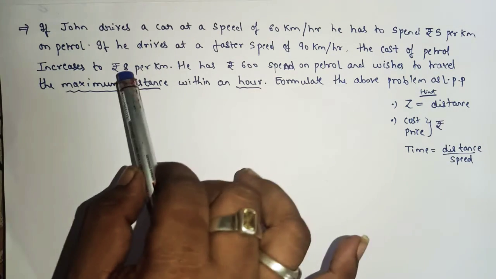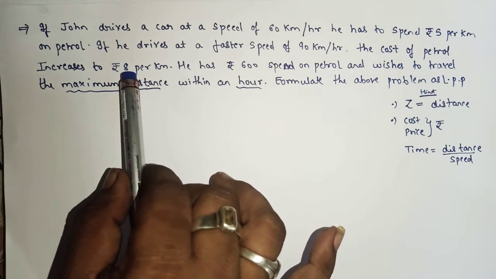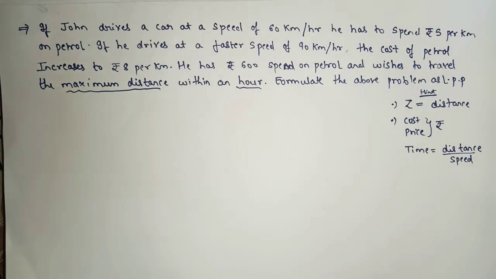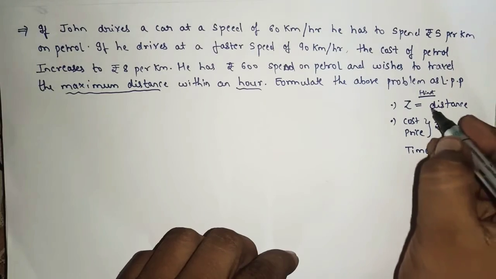Here we have the total rupees, and rupees for cost. I just want to say in simple language that whenever you come across this type of sum and you see the rupees section, from it you will get the idea about how to frame the inequation, not the z value. You will get z from the distance only.